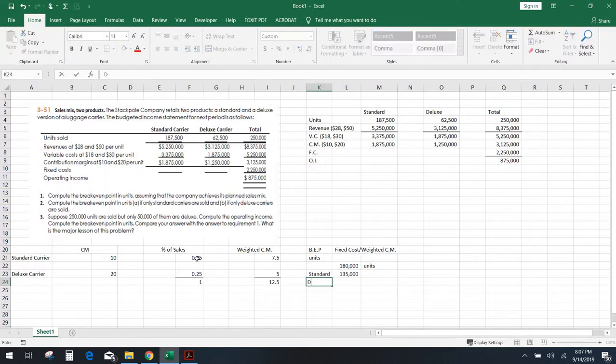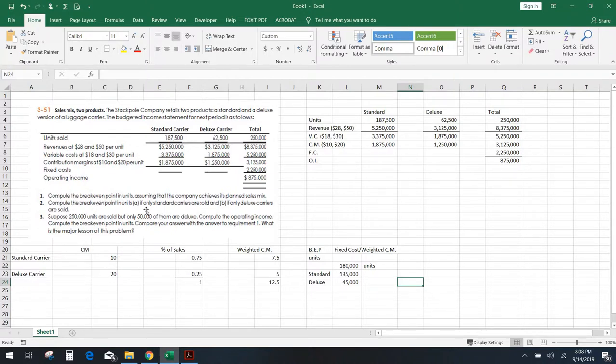And then for the deluxe, we take the number of units multiplied times the percentage of the deluxe. Okay, and those should add up to 180,000, and they do. So that gives us our answer to number 1, the first part of the problem.